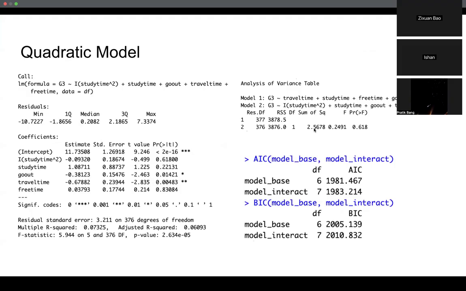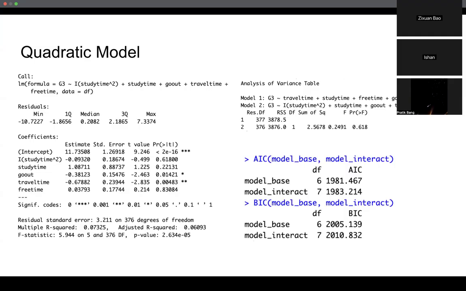And also we tried to add another quadratic variable term in this model, that is the study time squared, but the model shows that this variable didn't show a significant impact on our final grades. So we tried to conduct an F test between the basic model and the quadratic model.